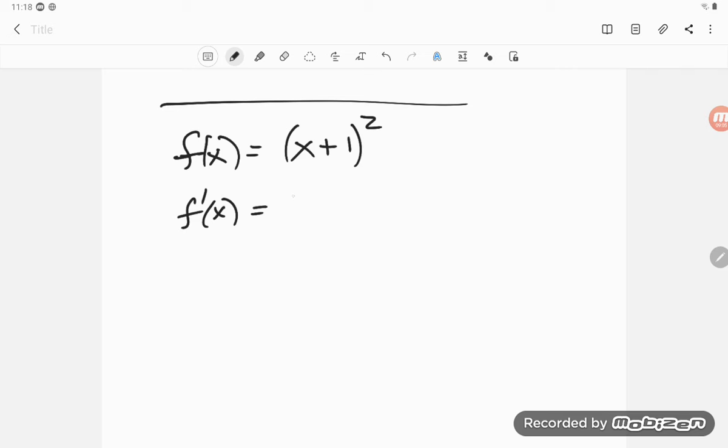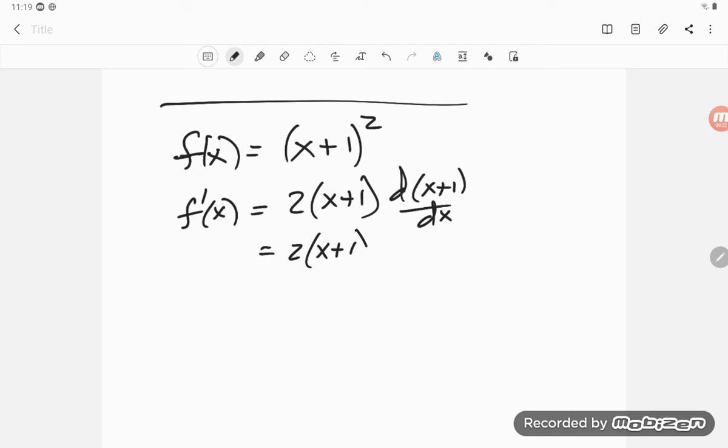Now this is a chain rule. I have 2 times the outside, 2 times x plus 1, and then times the derivative of x plus 1, but that's just 1. So we'll just get 2 times x plus 1.